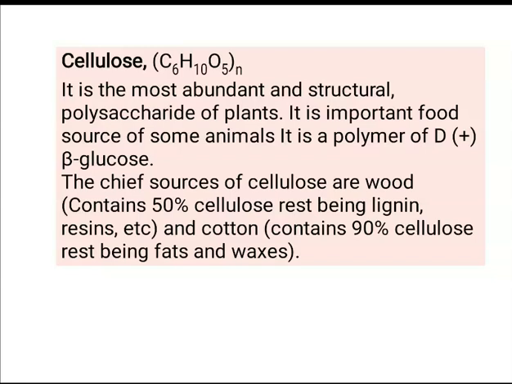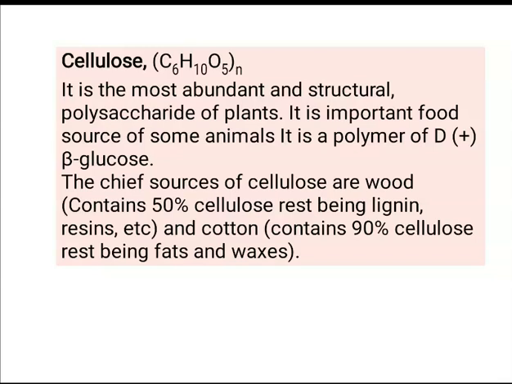Means in case of cellulose, we have to draw n number of beta D glucose units and connect them via C1C4 glycosidic linkage. So that will give us the structure of cellulose.